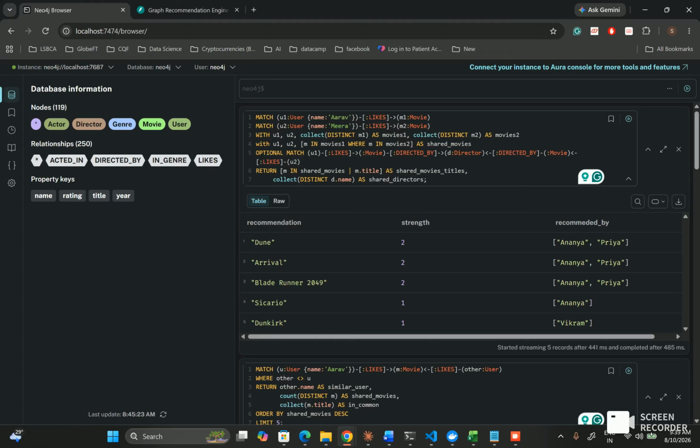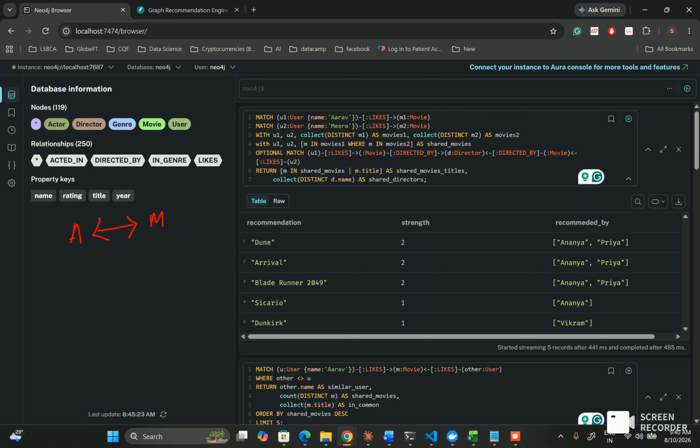See, the actual idea behind it is simple. The idea is to find out what two people, Arav and Meera, have in common.